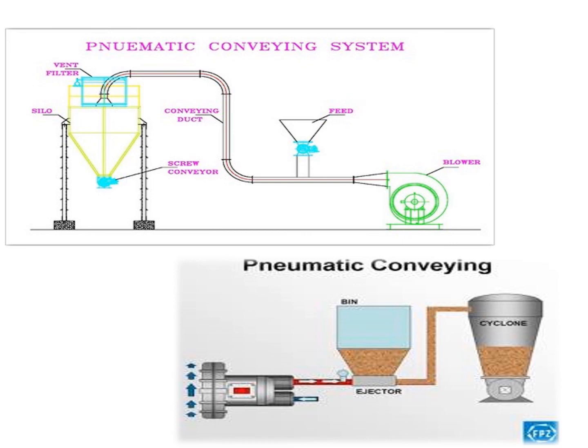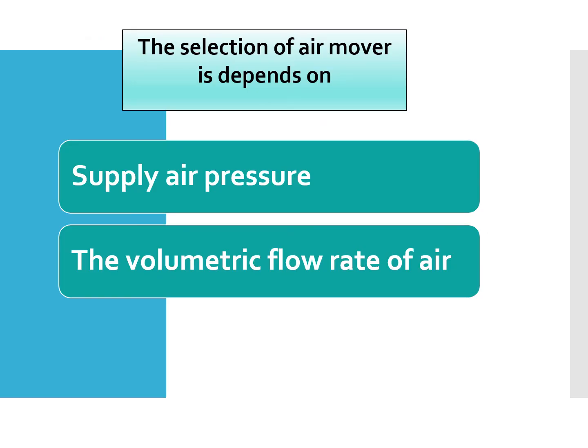This manipulation of pressure differential and airflow inside the system helps convey materials from one point to another over certain distance. Here cyclone is a device which removes the bulk of the product particles from the conveying airstream by centrifugal force.